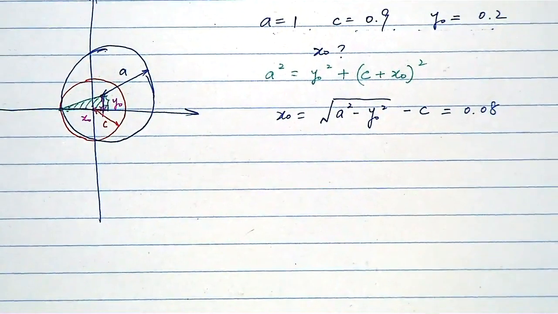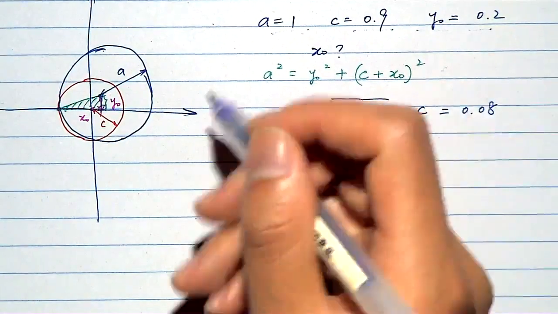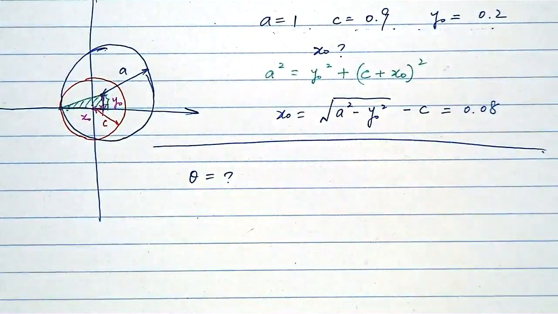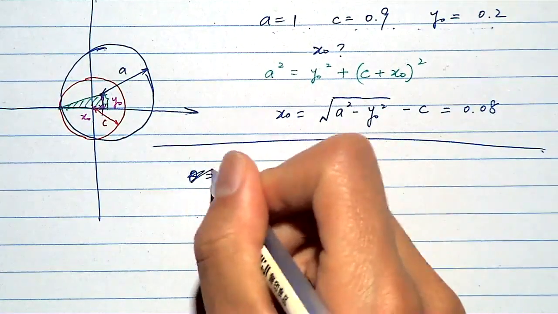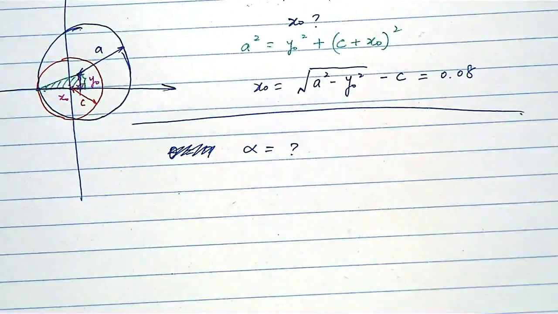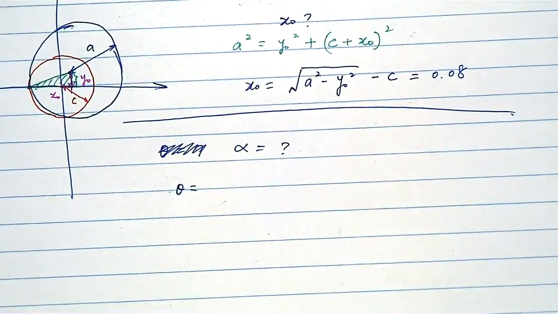For part B, we want to calculate theta, right? Sorry, no, we want to calculate alpha. What we have known so far is theta from that equation given to us.